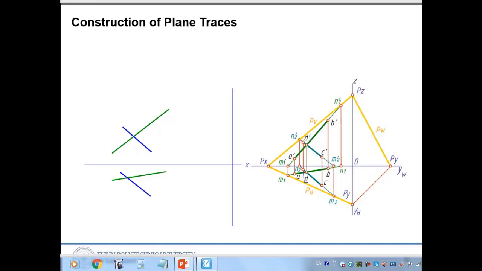So one green line projection is given in V plane, so the green one, and projection is in H plane is this one. So the blue line's projection is here, and in H projection in here.